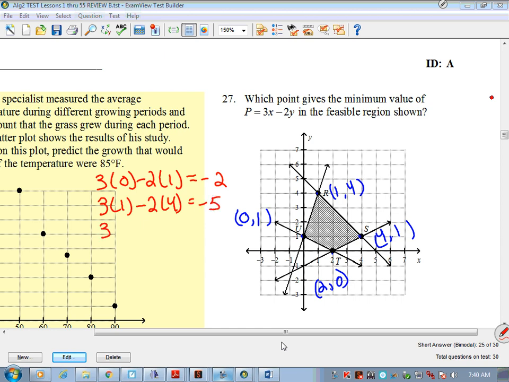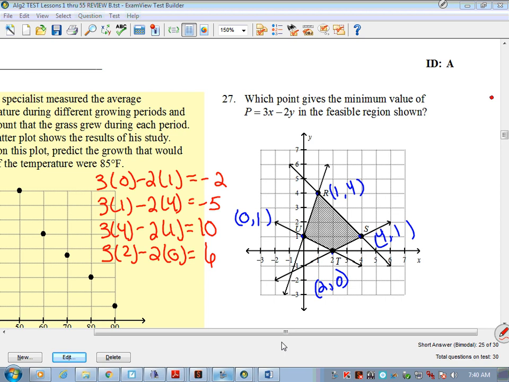Keep going around. We've got 3 times 4 minus 2 times 1, so 12 minus 2, which is 10. And then finally, 3 times 2 minus 2 times 0, so we've got 6 there. Which point gives the minimum?